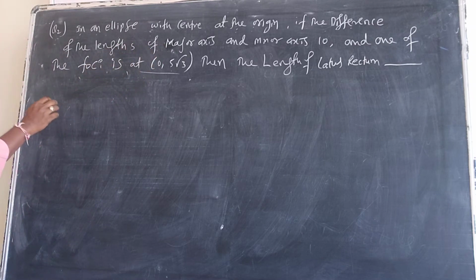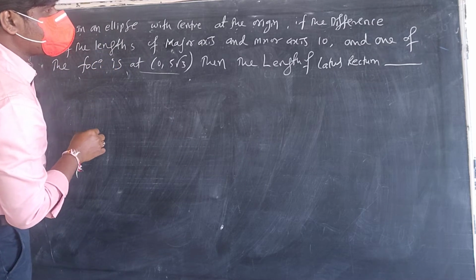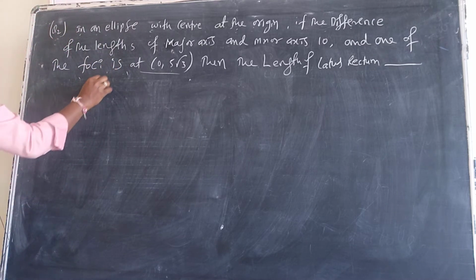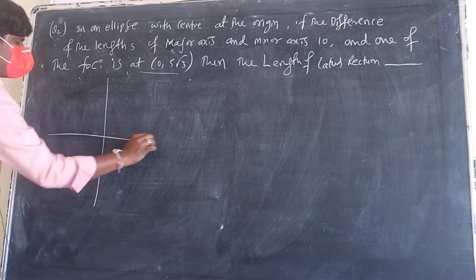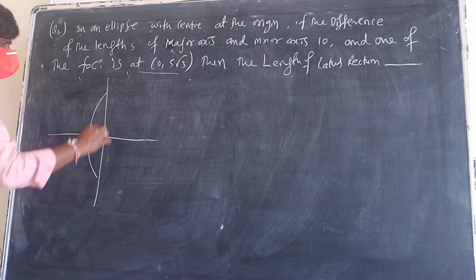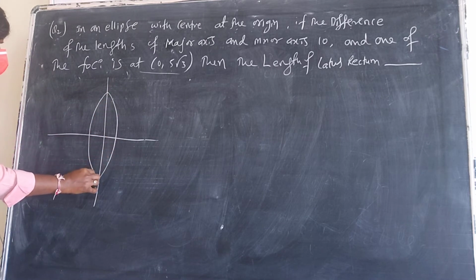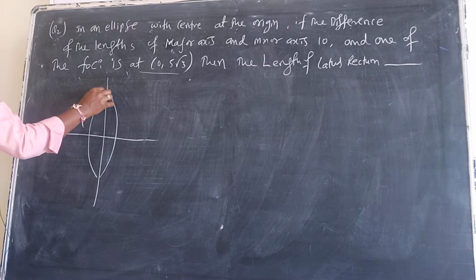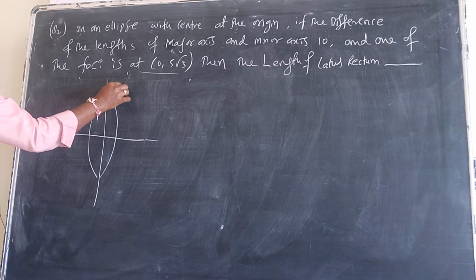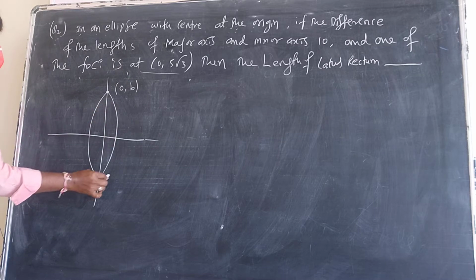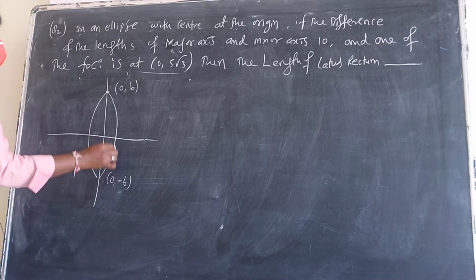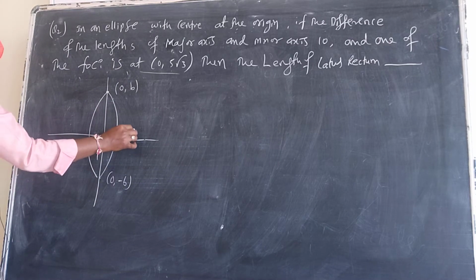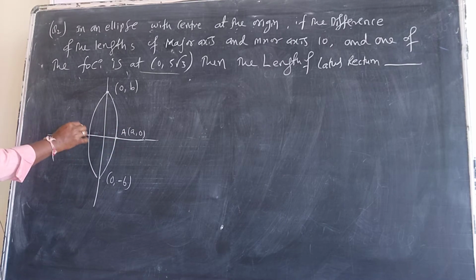Right now, what we can say here is that this is a vertical ellipse. The vertices are 0 comma b and 0 comma minus b, a comma 0 and minus a comma 0.